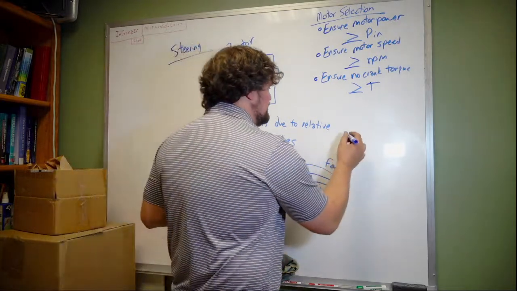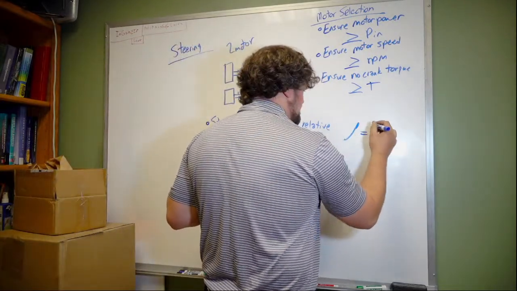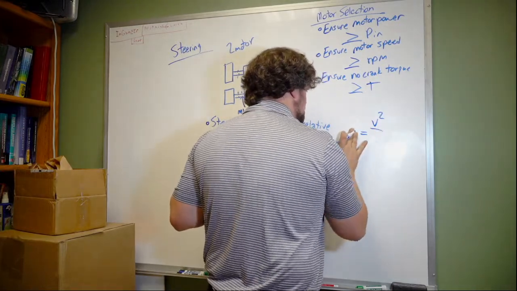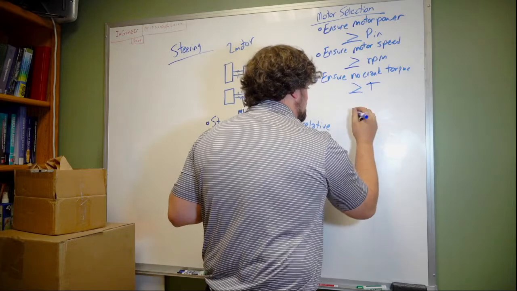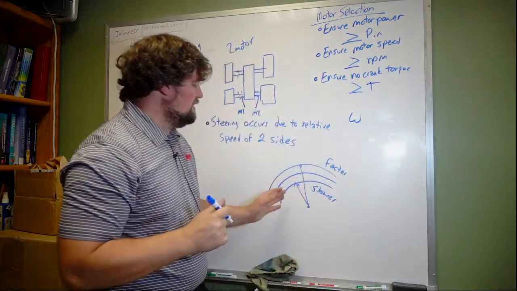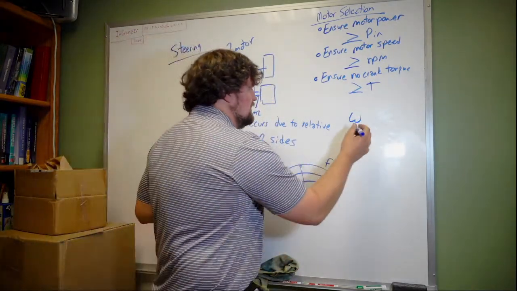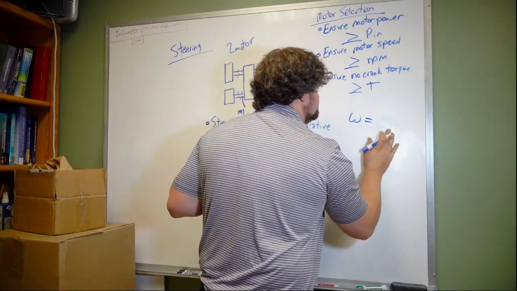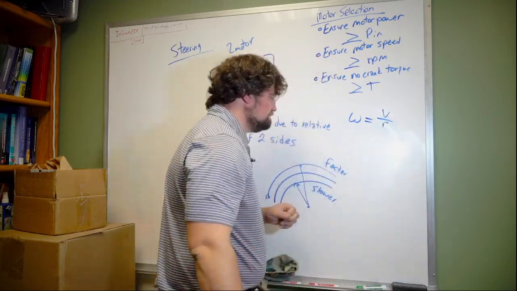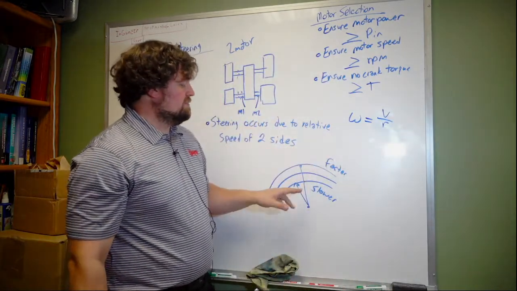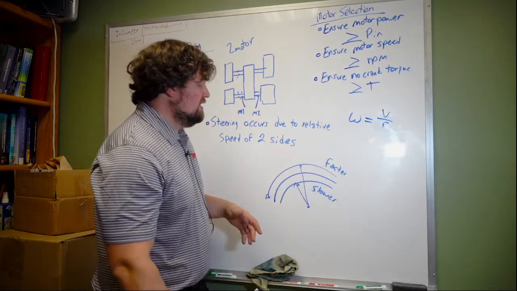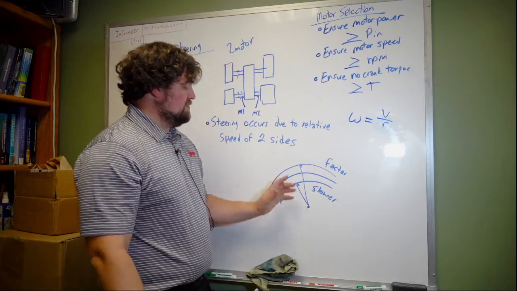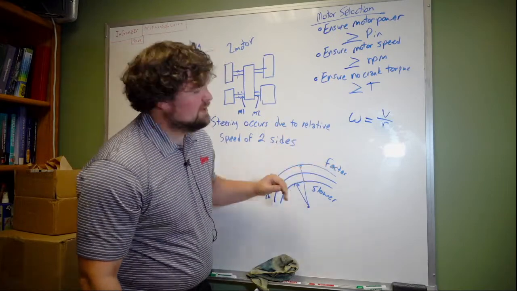Here, your angular velocity as you travel through this is equal to v over r. Okay, and here, both of these sides are going to have an equivalent omega because you're traveling around the same point at the same rate.